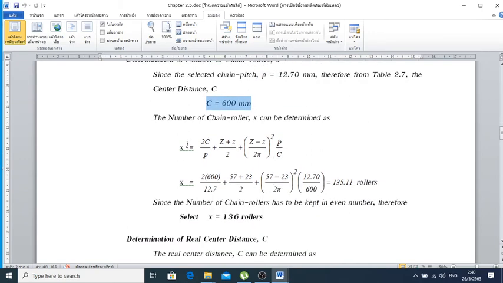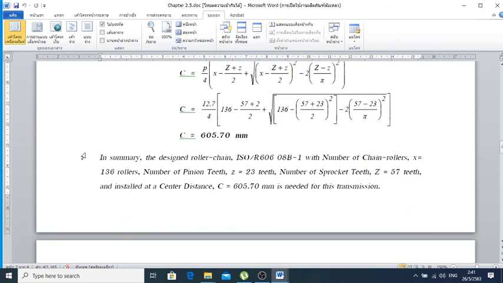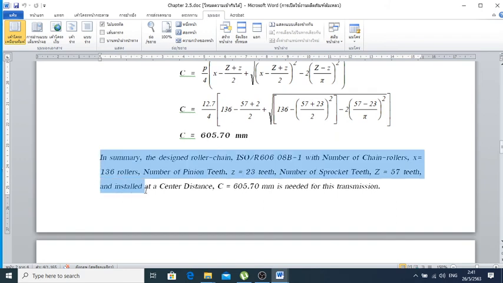I just plug it into the terms of number of rollers. I got 135.11. I can round it up to be 134 or 136 respectively. I go for 136. So therefore, I plug it in for the real center distance as the answer. I summarize everything in a very good manner like that.